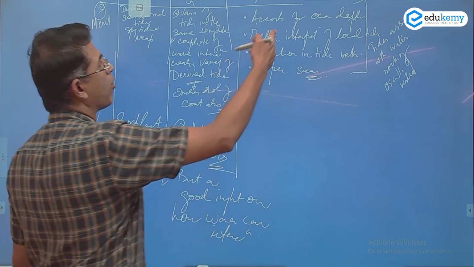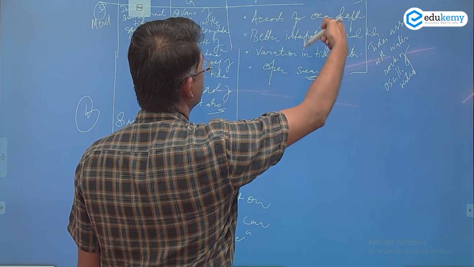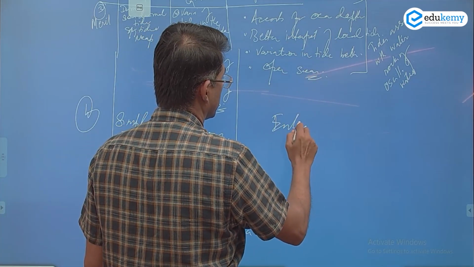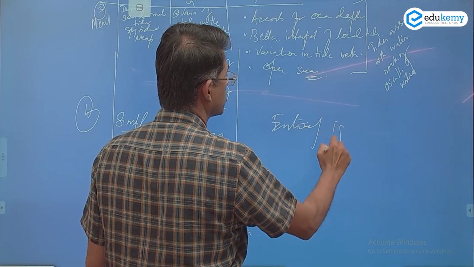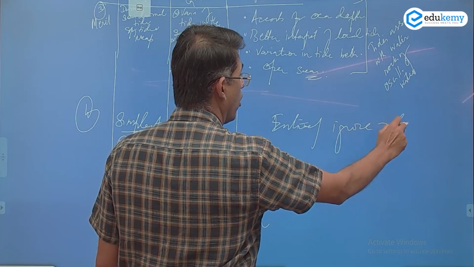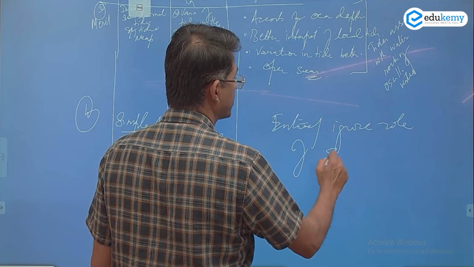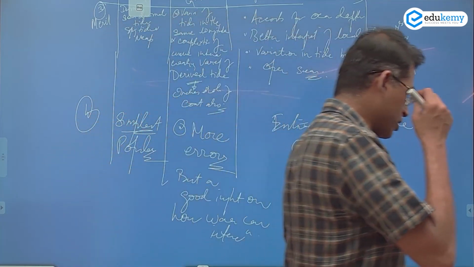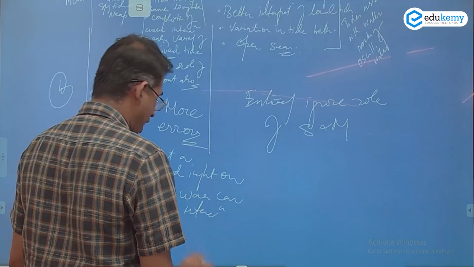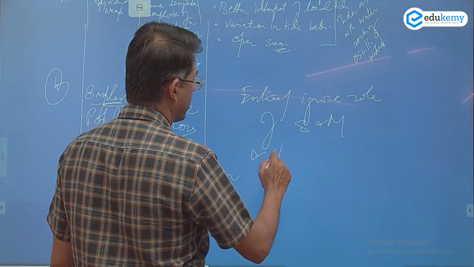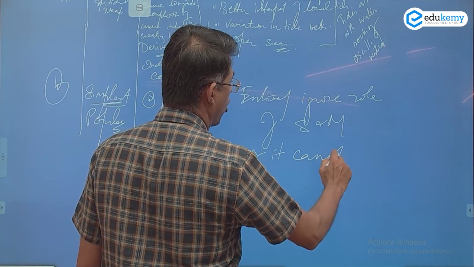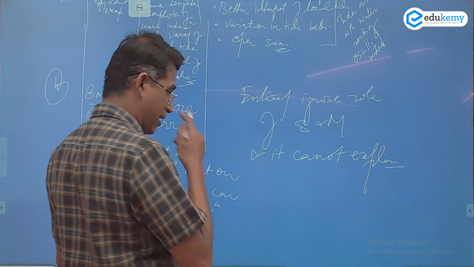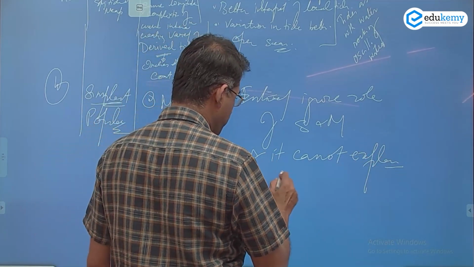Now the problem with this theory is that it almost entirely ignores the role of sun and moon, and it cannot explain the spring tides.